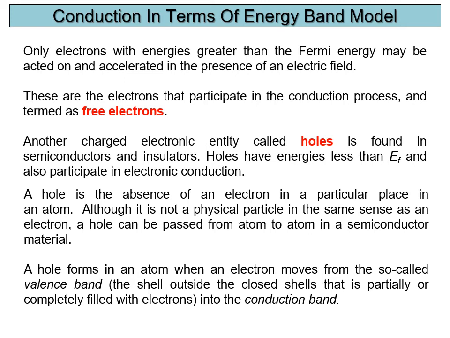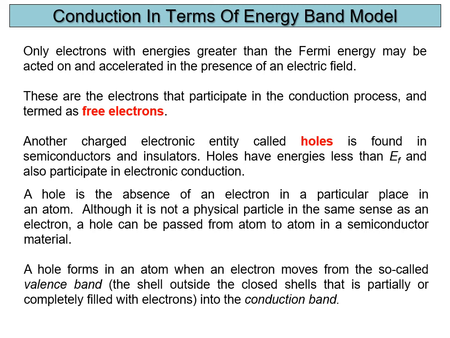Another charged electronic entity called holes is found in semiconductors and insulators. Holes have energies less than EF, the Fermi energy, and also participate in electronic conduction. A hole is the absence of an electron in a particular place in an atom, although it is not a physical particle in the same sense as an electron.